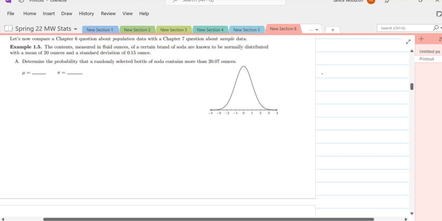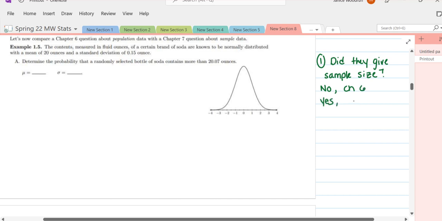So when you're doing these problems, the first thing you're going to ask yourself is, did they give a sample size? Okay, if no, then you're going to use chapter 6 formulas.